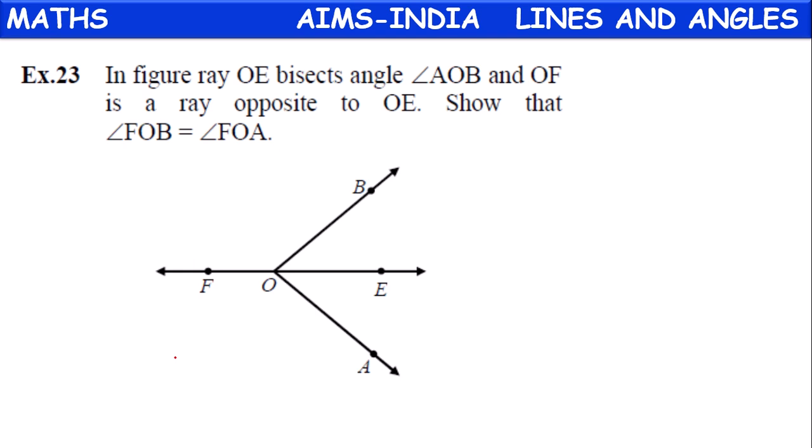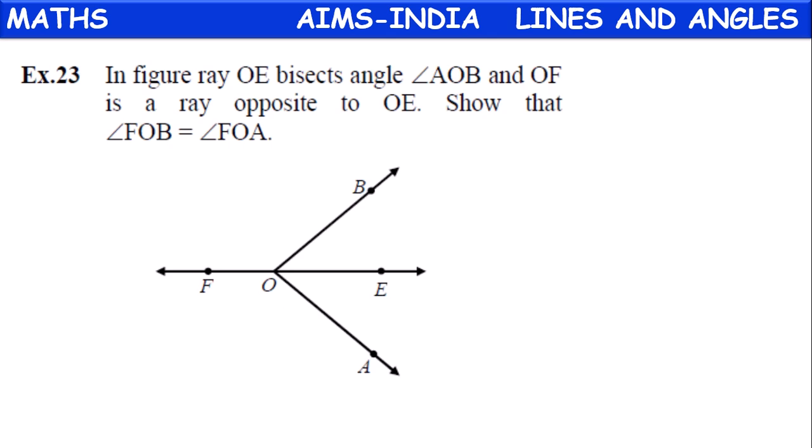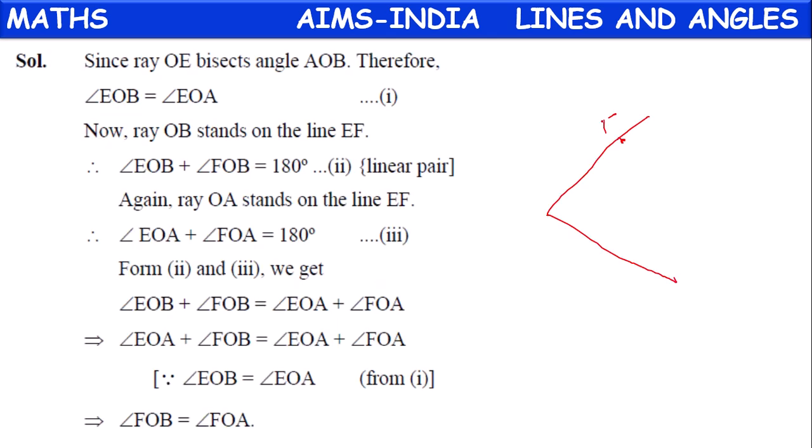So here we have OB, OA, and this is O. Like this we have a line where this is the E part and this is the F part.